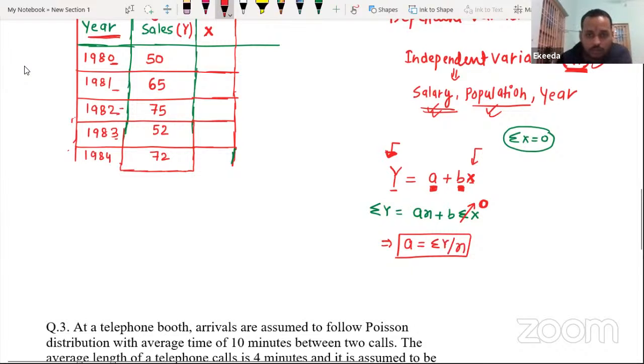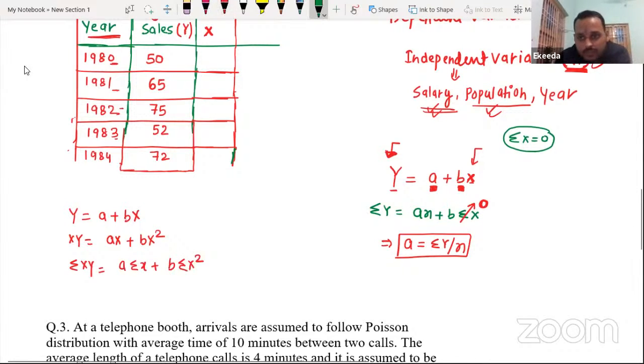And how to find b? What we will do, this equation y equals a plus bx, multiply with x on both sides, that is xy equals ax plus bx square. We are multiplying with x both sides and taking the summation. Now it will be summation xy equals a summation x plus b summation x square.